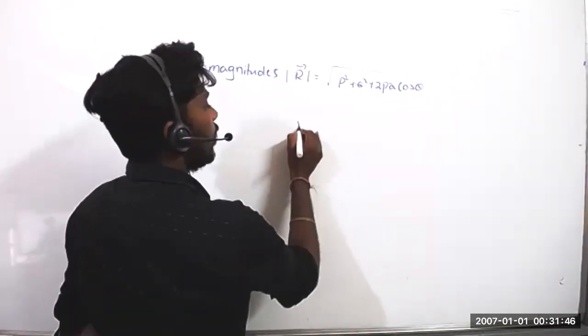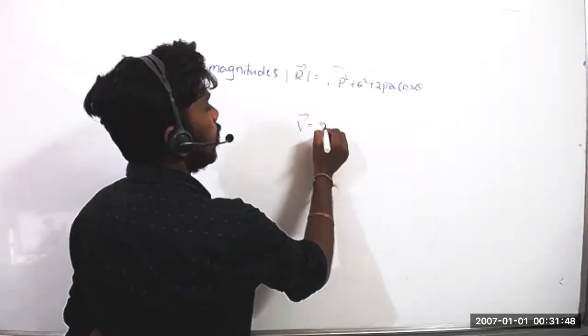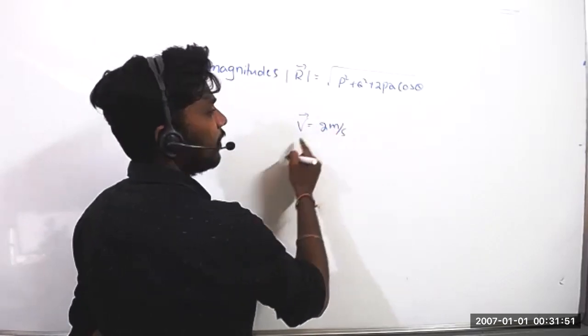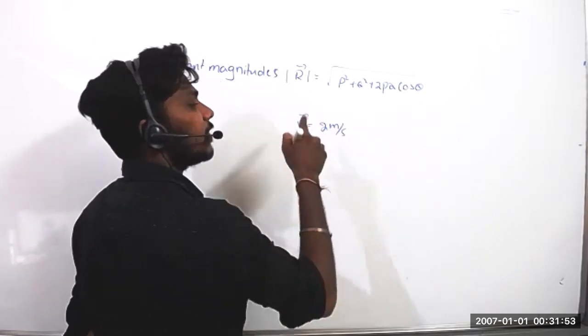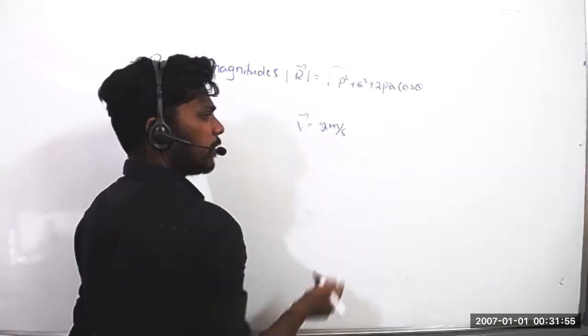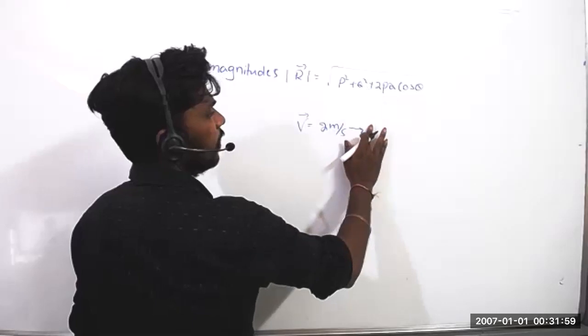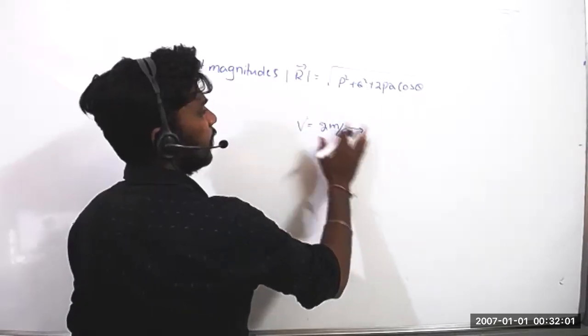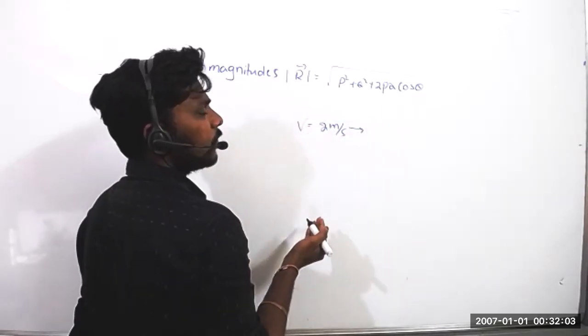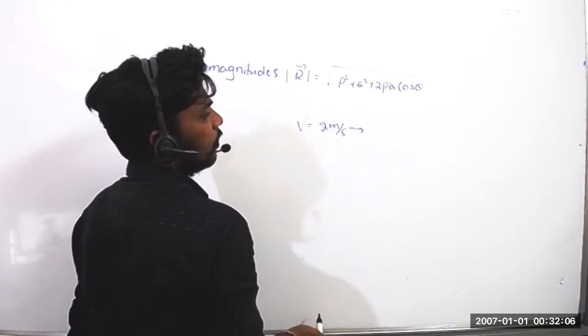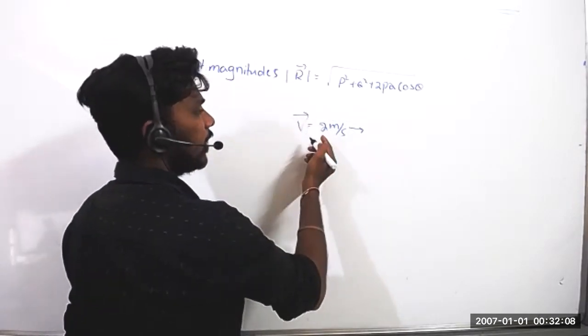If it is a velocity of 2 meter per second, is it the velocity? No, because velocity is a vector quantity. I gave 2 meter per second, so it is not a vector. If I give 2 meter per second north, it is. Speed has no direction, only magnitude. Velocity has both magnitude and direction.